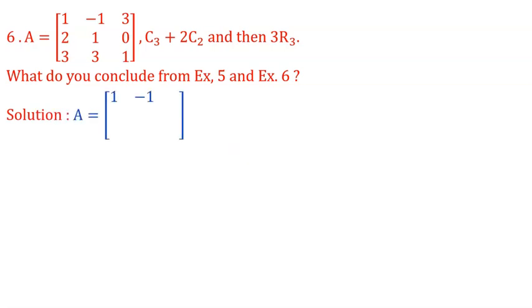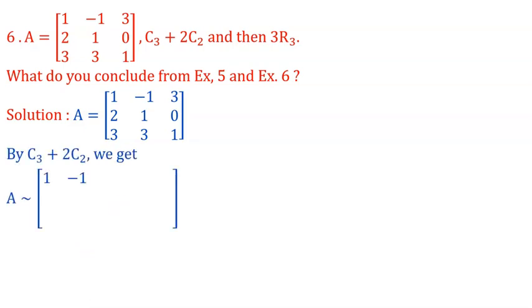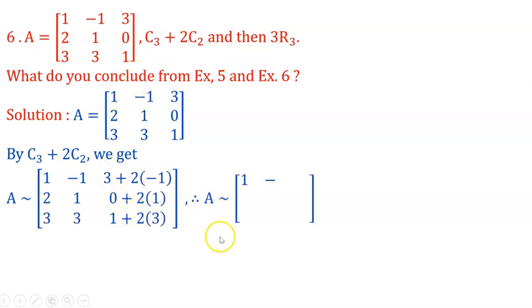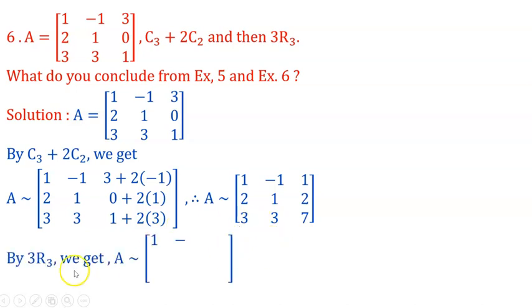Here we will perform first this operation, that is C3 plus 2 times C2. Then here the first and second columns will remain as they are. Okay, the answer is, and next 3 times R3, then you will get here.